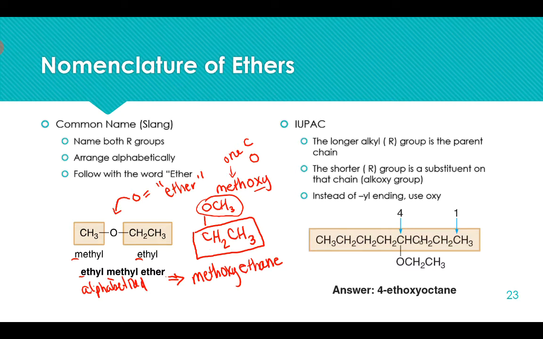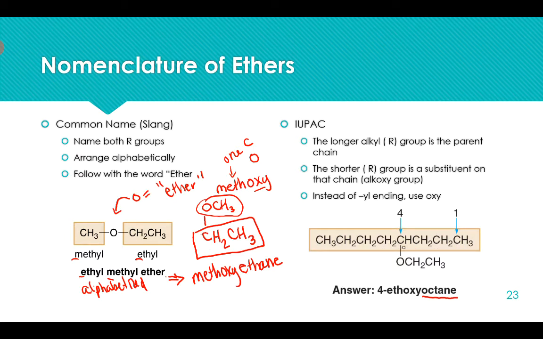Here's another example. In this molecule, we have 1, 2, 3, 4, 5, 6, 7, 8 carbons. And so that is octane. But we can minimize numbering by numbering from the other direction. You can see that I called this carbon number 5, but the lowest possible number is a 4.